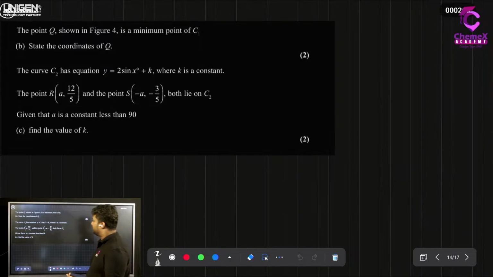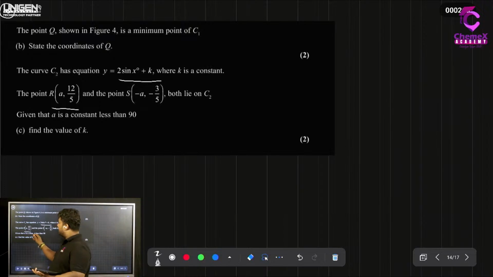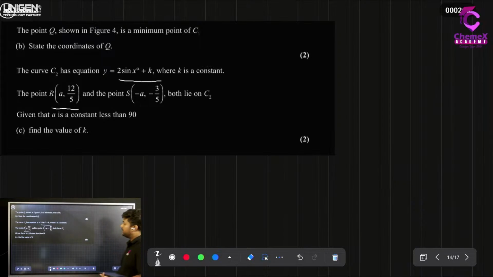Understood, sir. Okay. Because he has the equation y equals 2 sin x plus k, and k is a constant. The point R is 12 over 5, and the point S is given. Given that alpha is a constant less than 90, give the value of k.